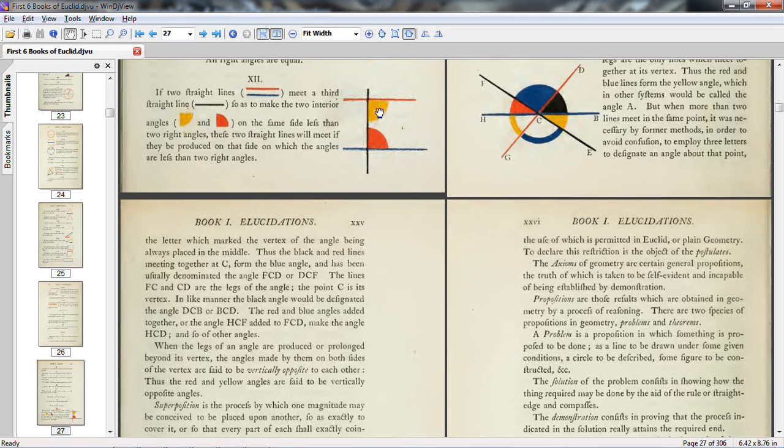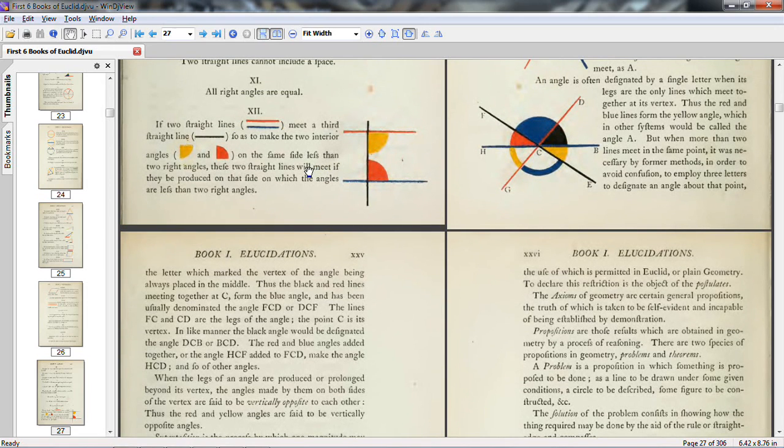If these add up to less than 2 right angles, then the lines will meet on this side. Conversely, they would meet on this side if these ones added up to less than 2 right angles. There had been controversy over the necessity to have this axiom placed in.